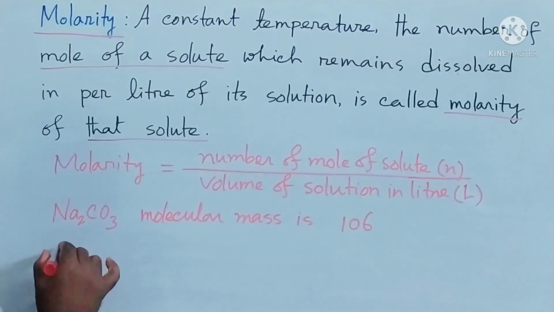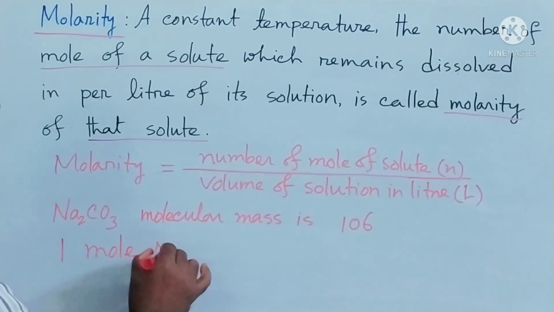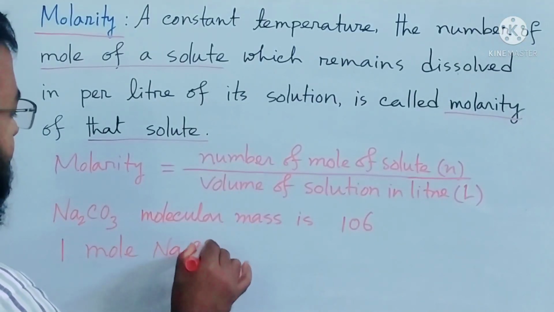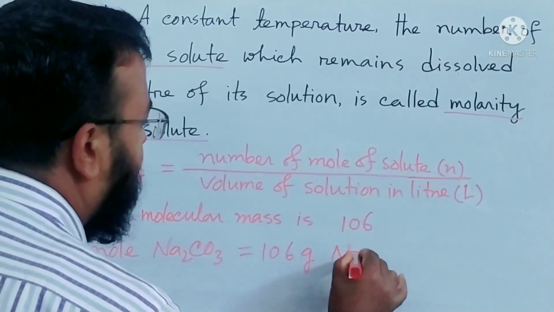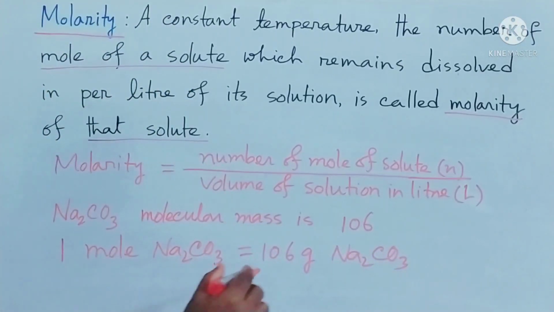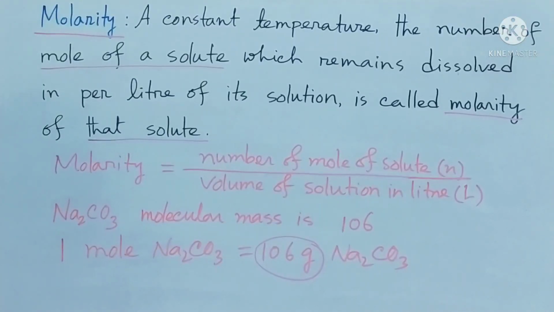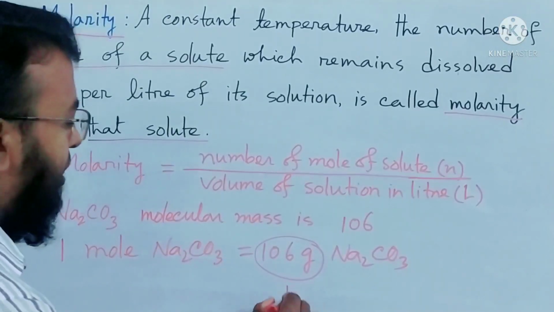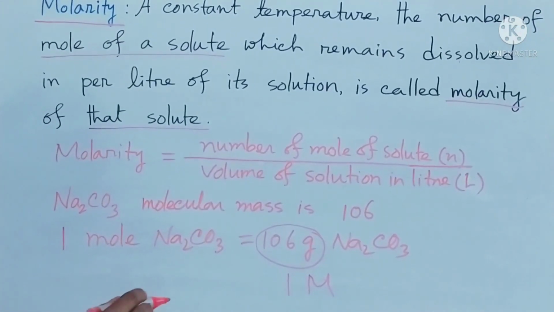So that means if I write 1 mole sodium carbonate, that means 106 gram sodium carbonate. That means at a fixed temperature, if 106 gram sodium carbonate is dissolved in 1 liter solution, then we tell it 1 molar solution or 1 mole solution.